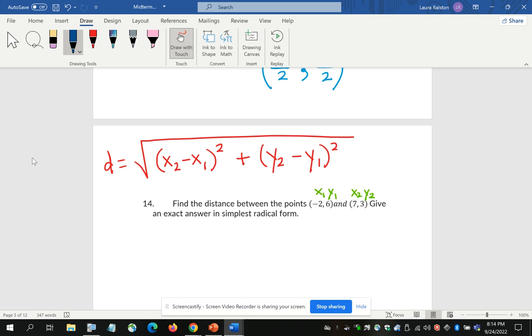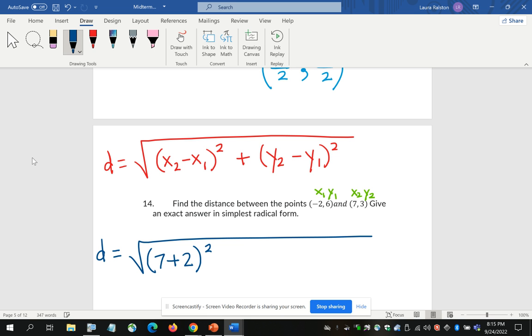Okay, so again, it's a substitution problem. We have the distance equals the square root of 7 minus the -2, which makes it +2 squared, plus 3 minus 6 squared.